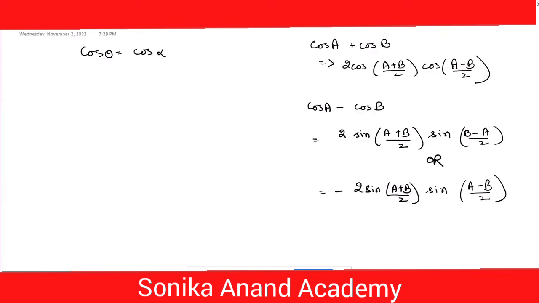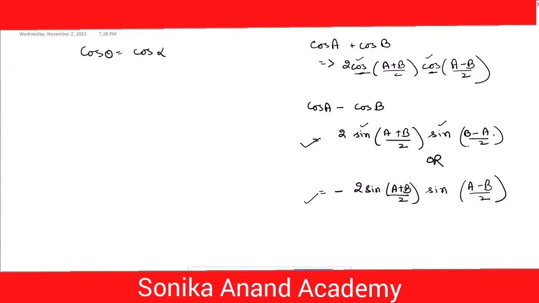Listen. What's the difference between these two? In case of cos A plus B and cos A minus B, in positive we have both cos. But here in negative we have both the sign.